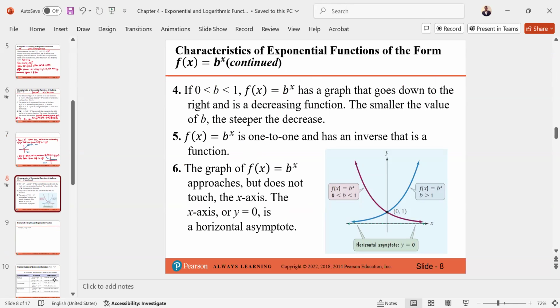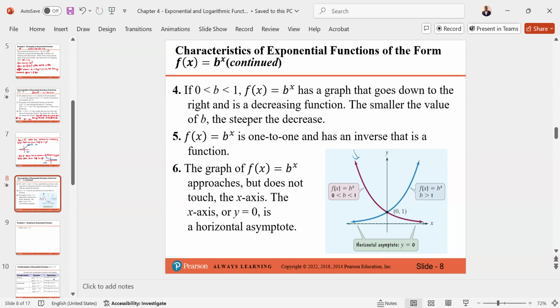If b is between 0 and 1, the graph goes down to the right. So this is it right there. And the smaller the value of b, the steeper the graph. f of x equals b power x is a one-to-one function, so it has an inverse that is a function.